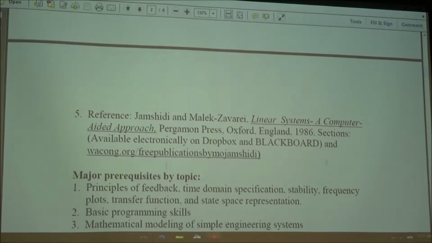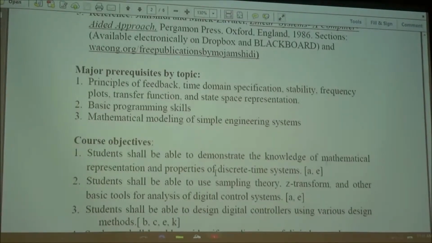And in addition, on this website, you can go and download many of my 11 textbooks free of charge. No password is needed. So these are the topics that we're going to be discussing.